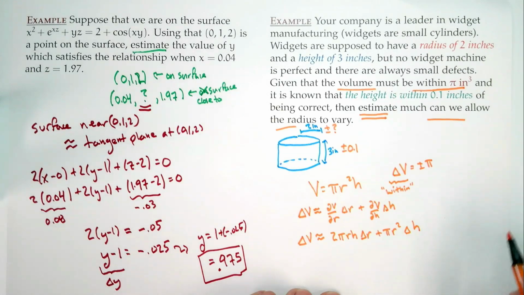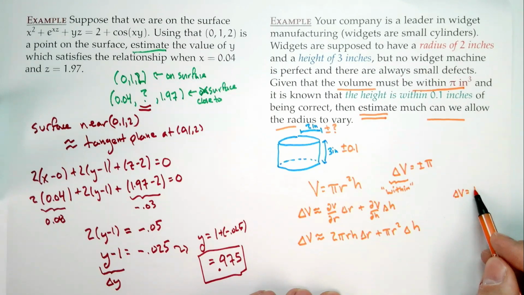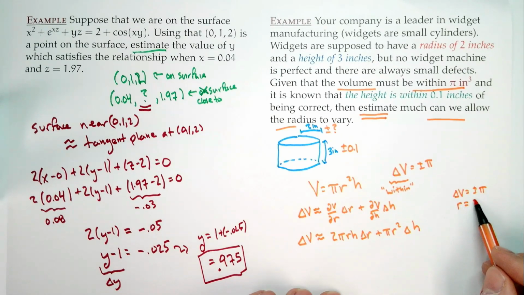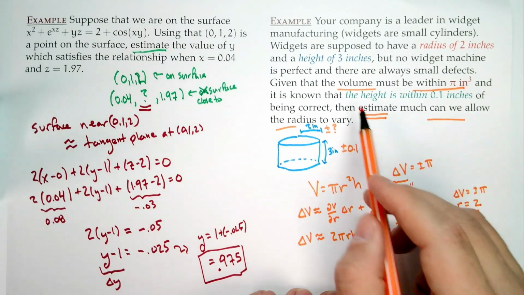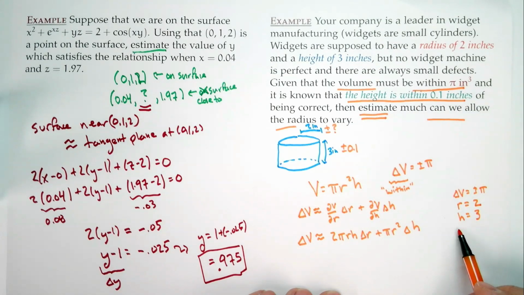Now, let's make a list. We know delta V is, well, plus or minus pi. R is supposed to be 2. H is supposed to be 3. Now, we also know the height is within 0.1 inches. So that says delta H is plus or minus 0.1.